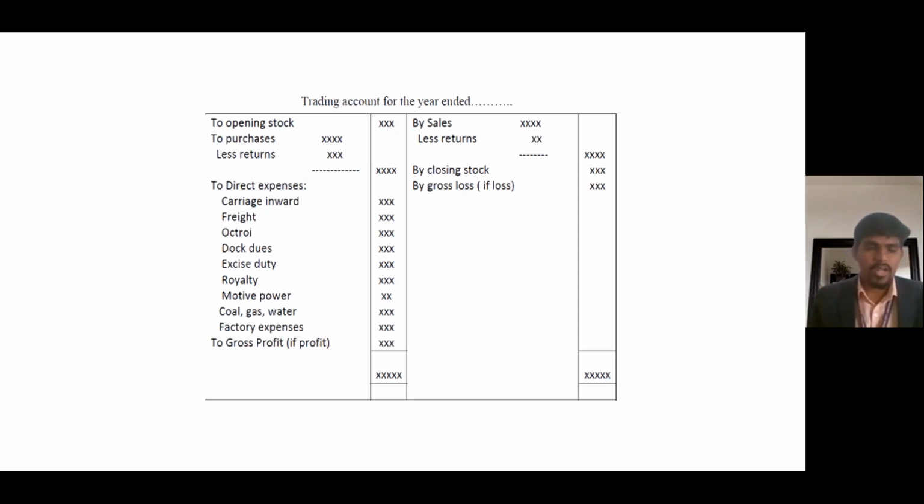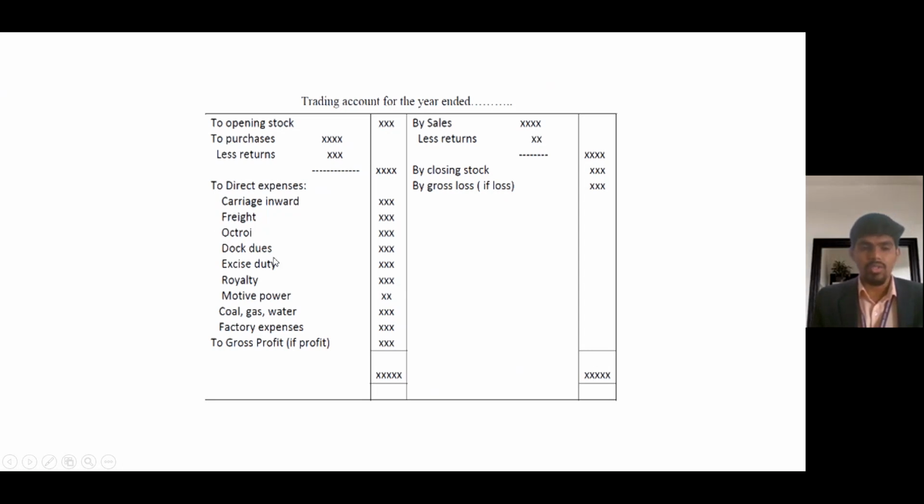And octroi: our business produces certain goods, and we shift those goods from one place to another, and whatever fees are charged for that transportation will be called octroi.